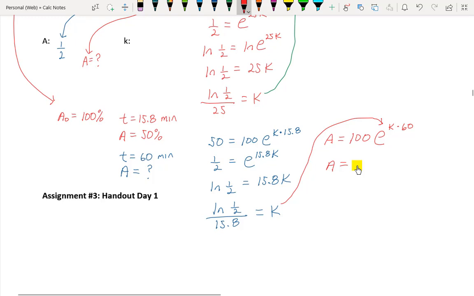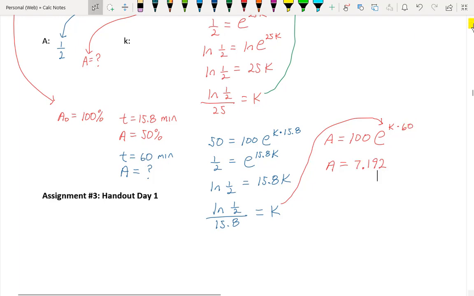This is going to be 100 times e raised to the power of, I got to be careful here, 60 times the natural log of 1/2, divided by 15.8. So this turns out to be 7.192, and something doesn't seem right there.